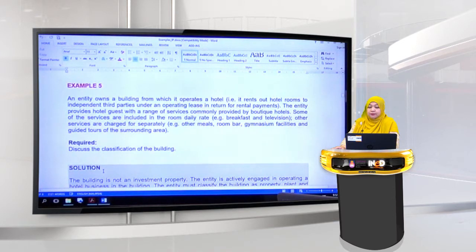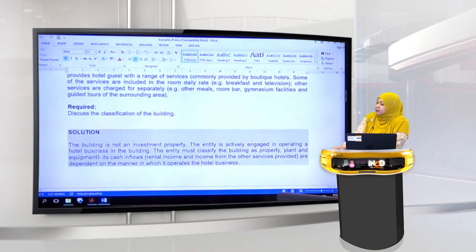Now, the entity provides hotel guests with a range of services commonly provided by boutique hotels. Some of the services are included in the room daily rate, for example, breakfast and television. Other services are charged for separately, for example, the meals, room bar, gymnasium facilities, and guided tours of the surrounding area. So, discuss the classification of the building.